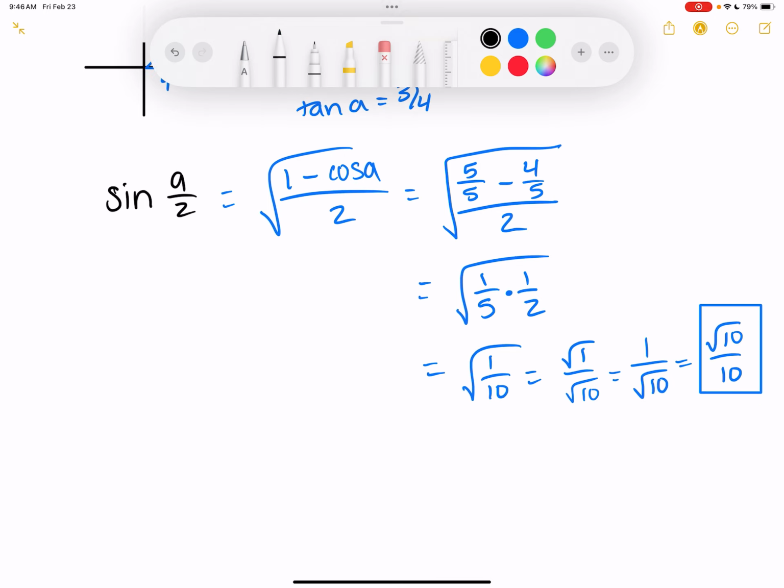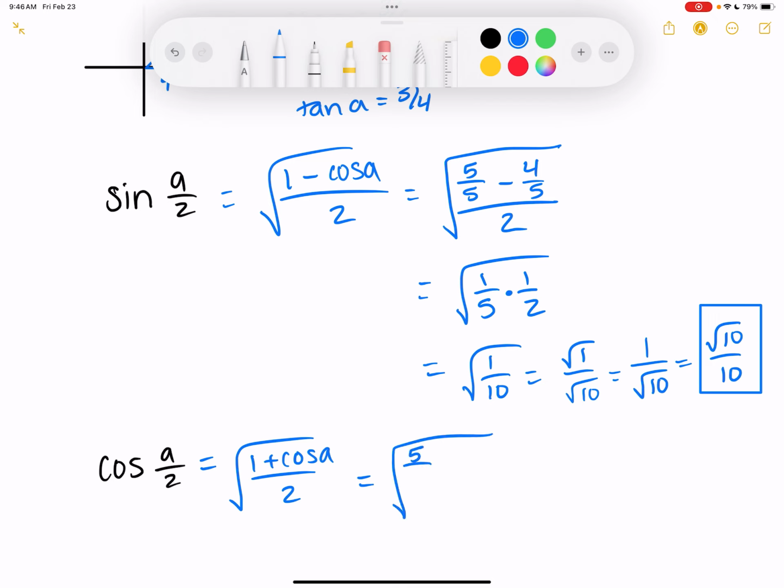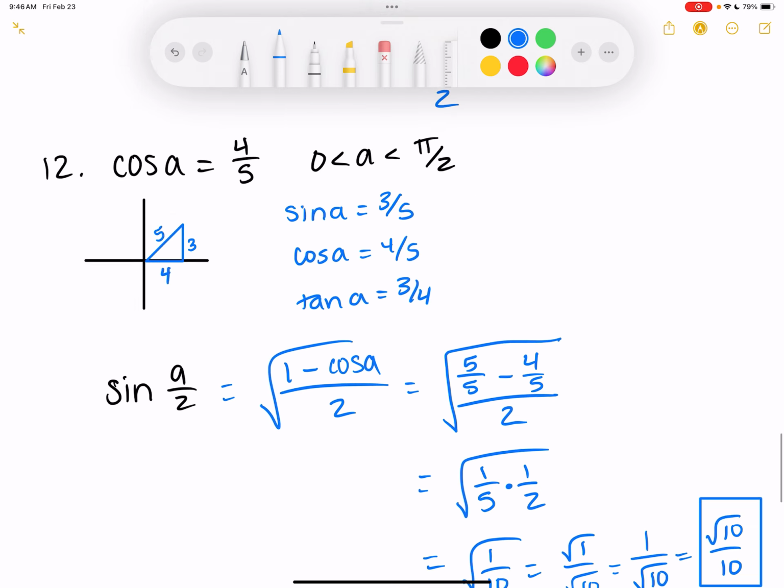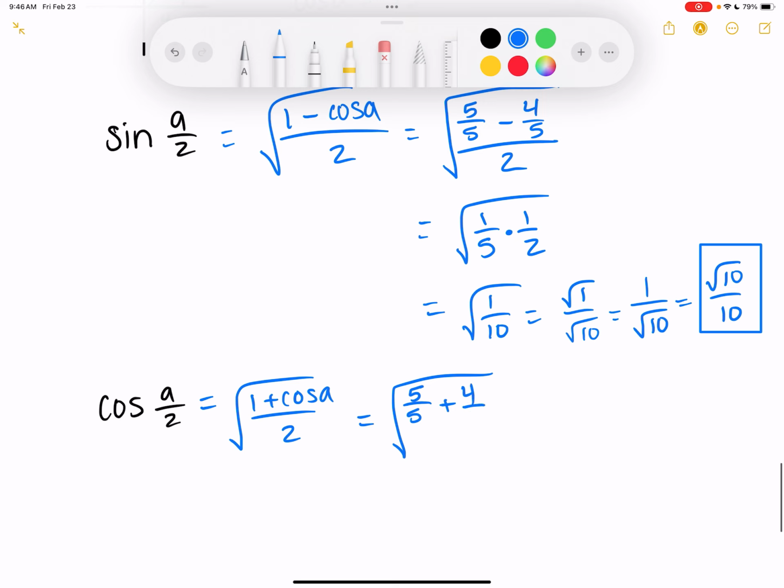Cosine of a over 2 is the next one. So that formula is the square root of 1 plus cosine of a over 2. So this is going to be the square root of, again, I'm going to use 5 over 5 for 1 just so I can save a step, plus 4 over 5, all over 2.